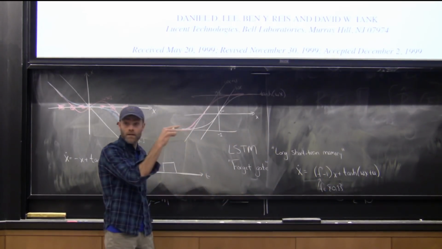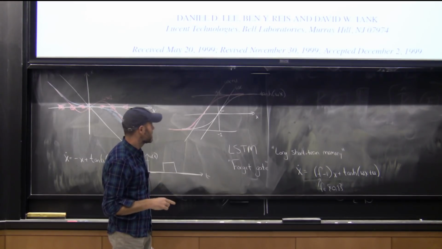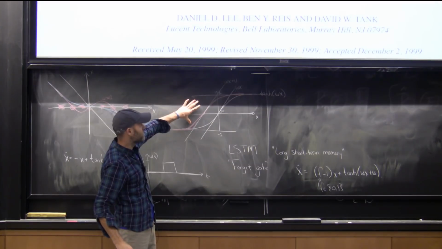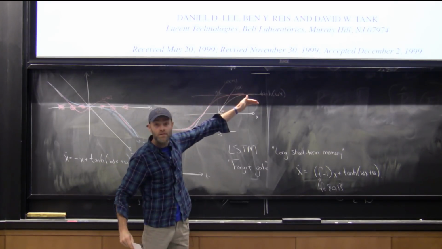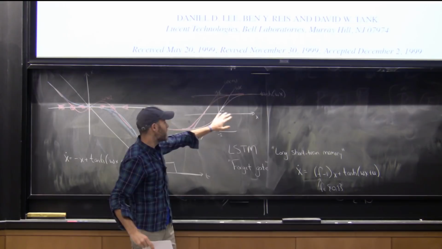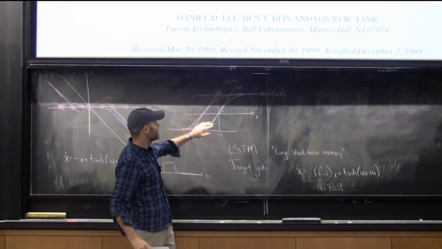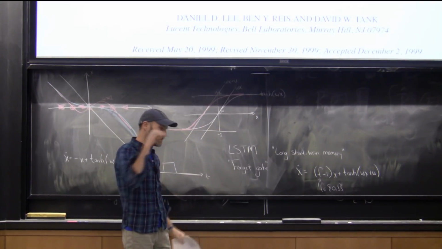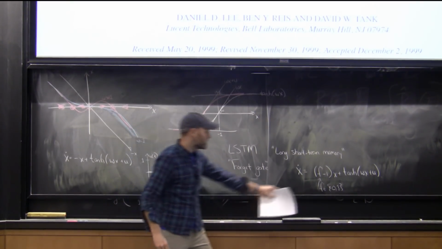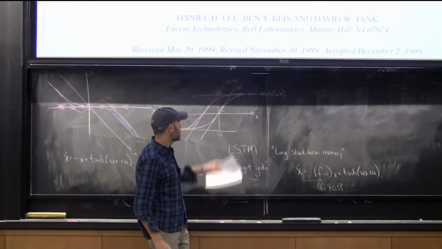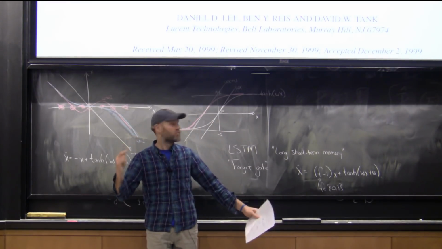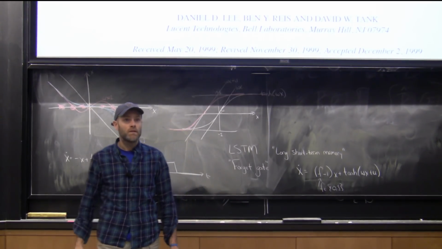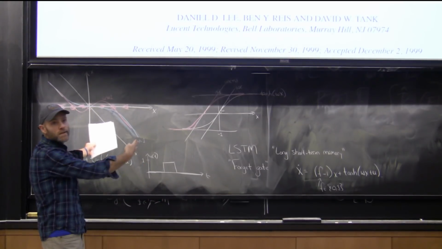If f goes to 1, what does it do? It turns my whole differential equation, my whole dynamical system, into just the tanh. I've lost my fixed points at 1 and negative 1, and I'm going to go back towards 0. So you put a little stimulation in, put it there in the equation, and it'll make the system forget. Then you turn it off, f goes back to 0, and you're back to your original system. And you can see it all on a picture.